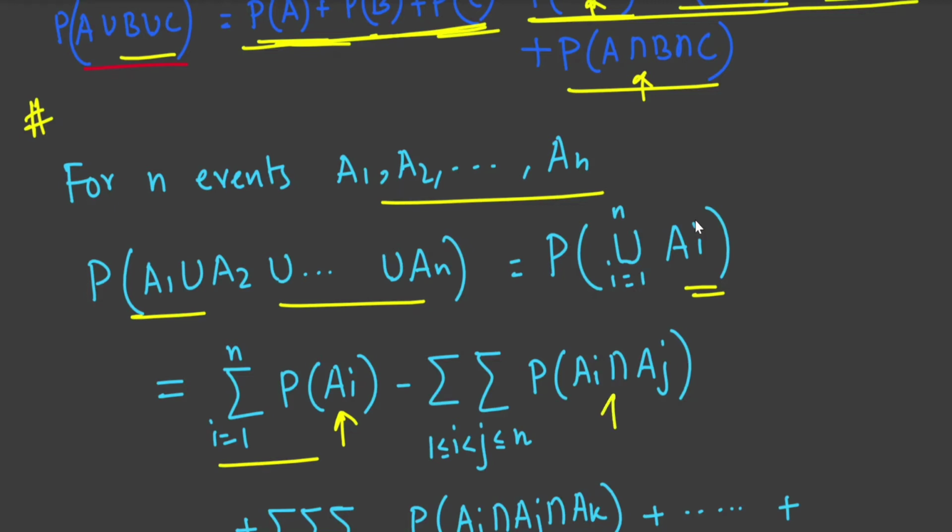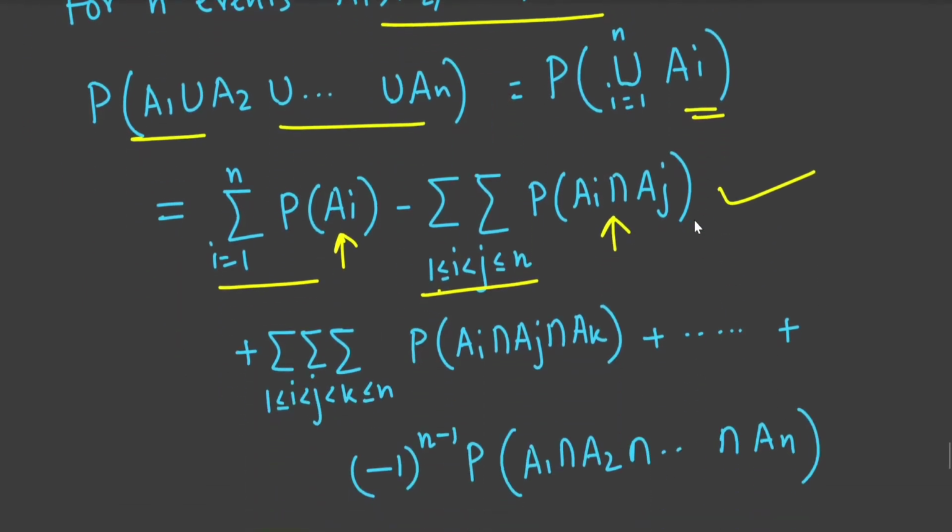Then taking two at a time, a double summation 1 less than or equal to i less than j less than or equal to n of probability of Ai intersection Aj, with a negative sign. Then plus sign, taking three at a time, probability of Ai intersection Aj intersection Ak, then four at a time with a negative sign, alternating plus and minus, and so on, plus minus 1 to the power n minus 1 probability of A1 intersection A2 intersection up to An, the last term.